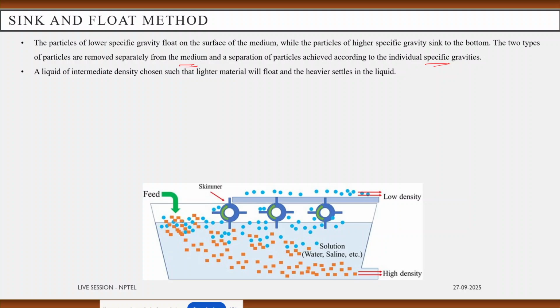Now, a liquid of intermediate density is required to be chosen such that the lighter material will float in that liquid medium and the heavier material will settle down in it. So we need to choose the solution specific gravity based upon the specific gravities of our two materials, so that we can efficiently separate the light and heavier particles.